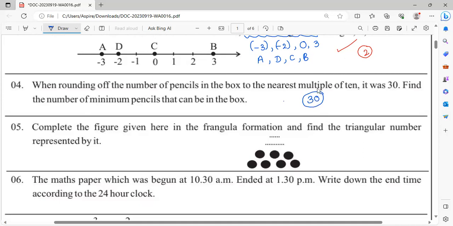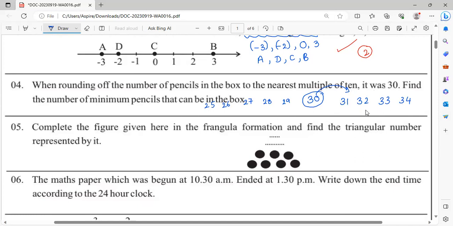For such numbers, we have to write 4 numbers after the given number and 5 numbers before it. The numbers after are 31, 32, 33, 34. The numbers before are 29, 28, 27, 26, and 25. These are the numbers from which we can obtain 30 by rounding off to the nearest tens place.